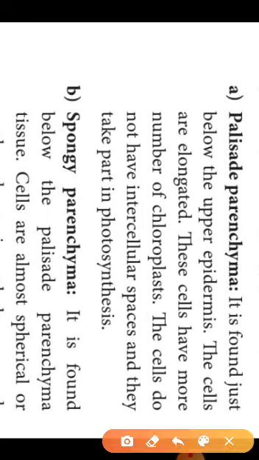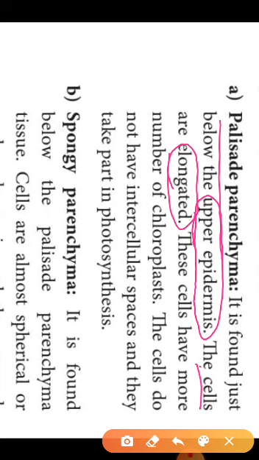The cells in palisade parenchyma are elongated, or longer. Those cells have many chloroplasts.